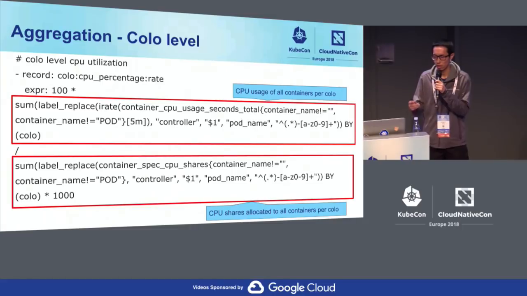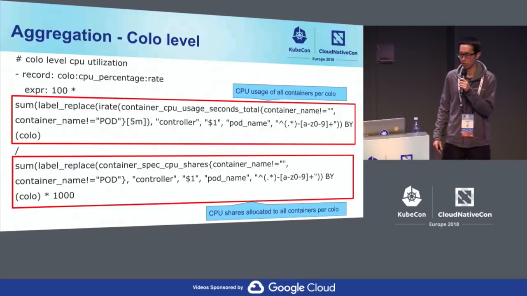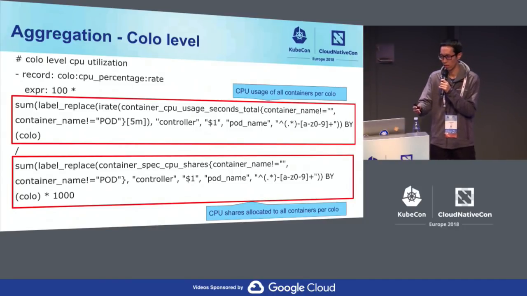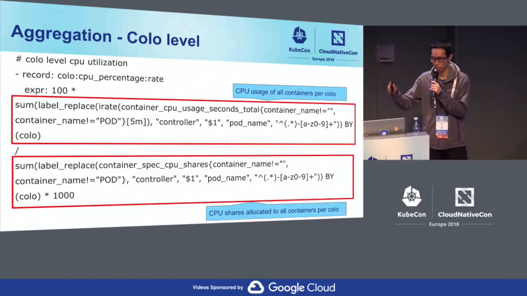And label_replace is just a function to create another label. In this case, we create a label called controller from the pod name. Controller is basically the same as deployment. And we sum up all the CPU usage for all containers in one Colo. You can see at the end of the expression on the top, we group them by Colo.